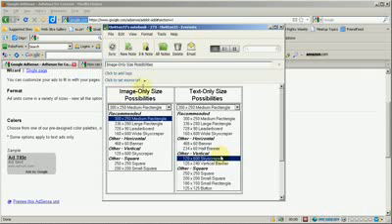Now, one thing that kind of puzzles me about this, since there's fewer image-only sizes, this would, to me, say that these are the only sizes that they make available to publishers who are making the image ads.